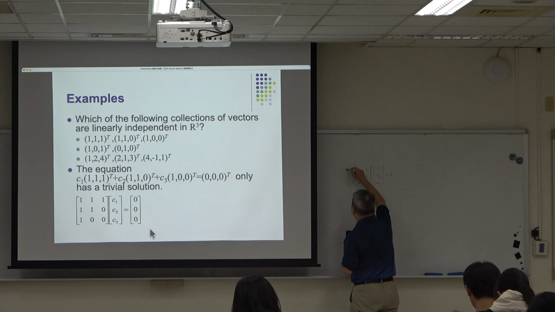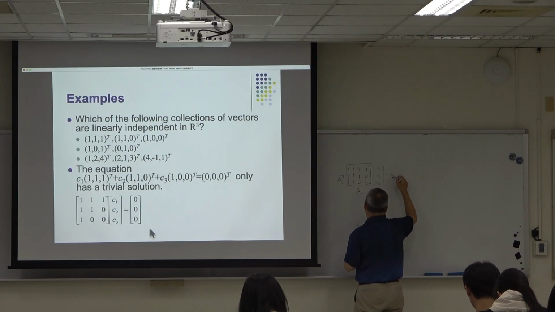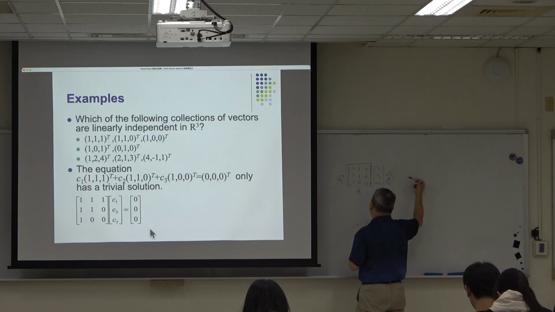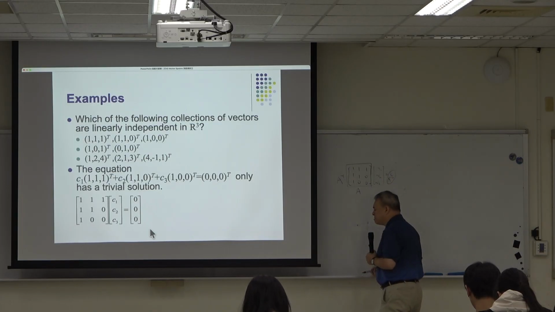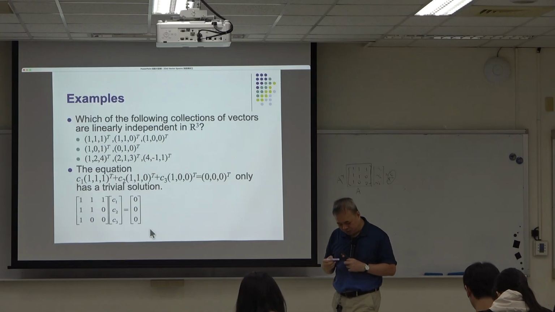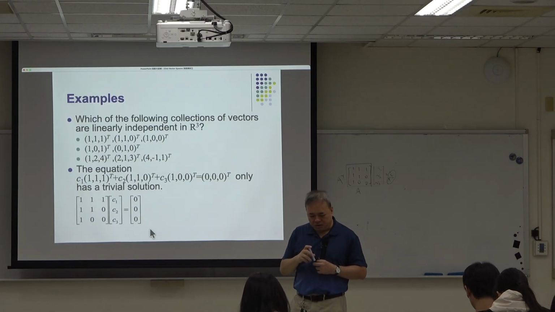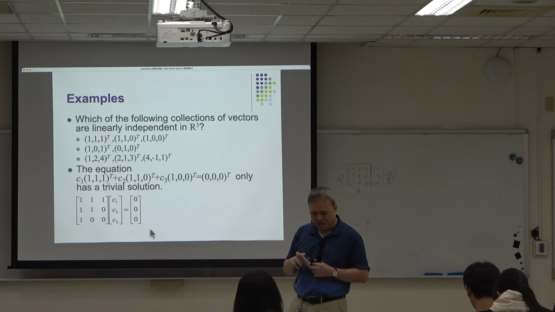If it has an inverse, say this is A, multiply A inverse on both sides. A inverse multiplied by A0 gives you 0. But the left hand side becomes alpha 1, alpha 2, alpha 3. So you have only one solution there. So the issue is whether or not A inverse exists.